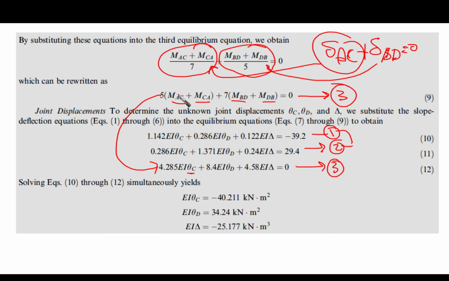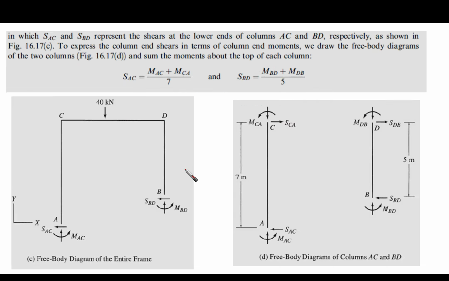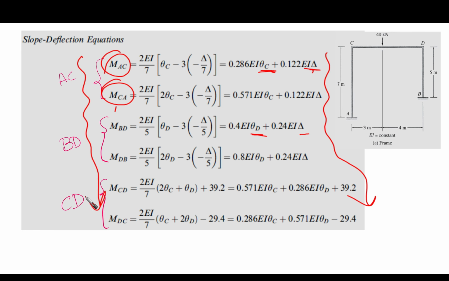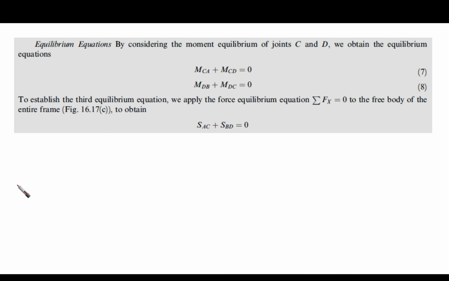Every moment here, MAC or MCA or something like this, is given previously in terms of theta A and theta B, as we can see here. So it is theta C, sorry, and delta, and theta D and delta, and so on. So all of the moments here are in terms of these thetas: theta C, theta D, and delta, right? Then we are going to substitute.